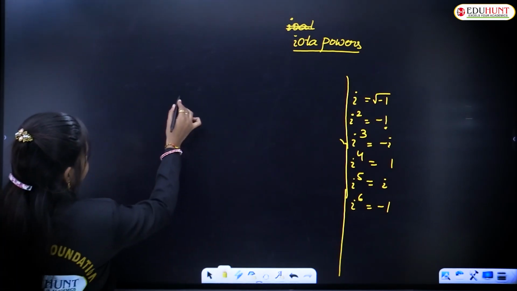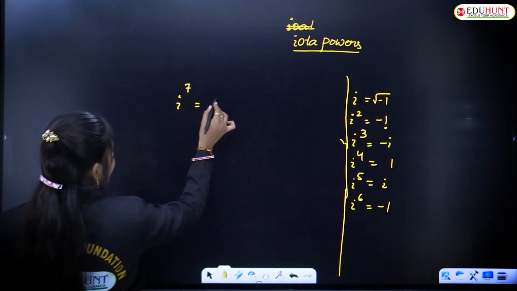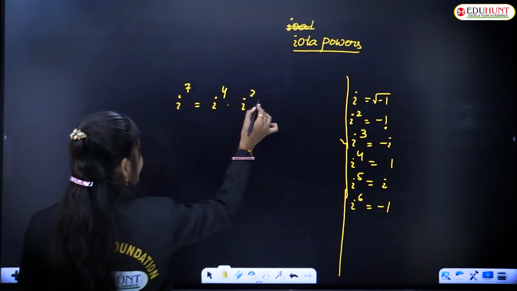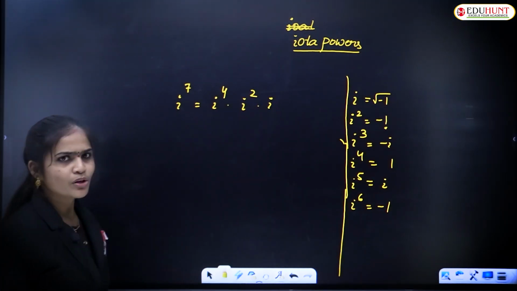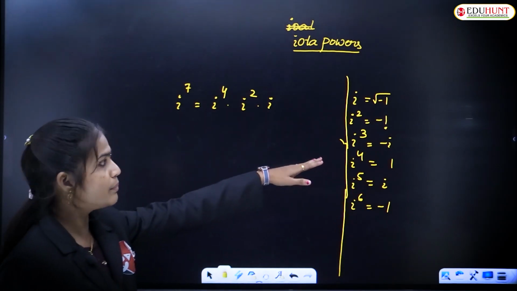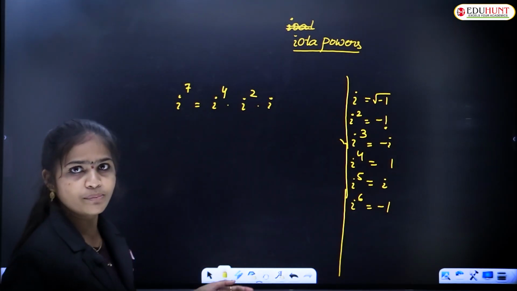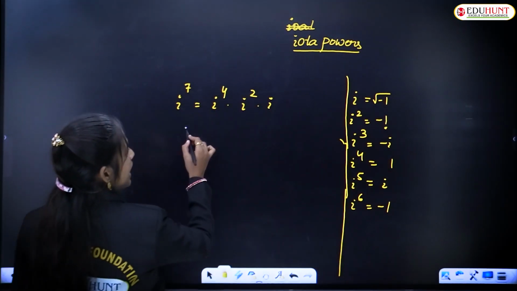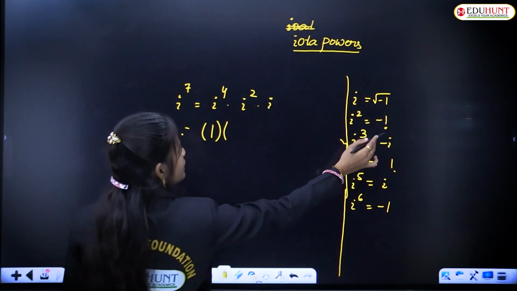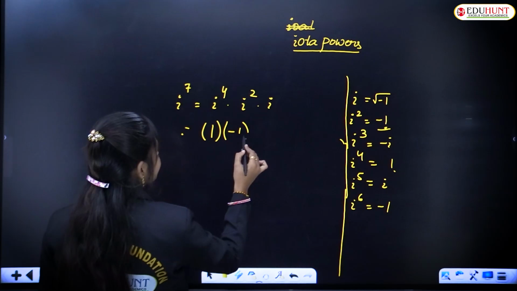So next, i power 7. We can write i power 7 as i power 4 into i squared into i. Why? Because the i power 4 value is easy to remember, and the i squared value is also easy to remember. So i power 4 is equal to 1, into i squared value, which is equal to minus 1.